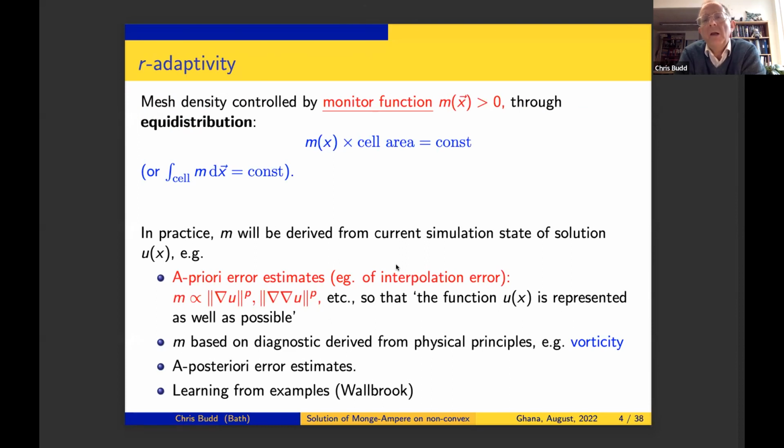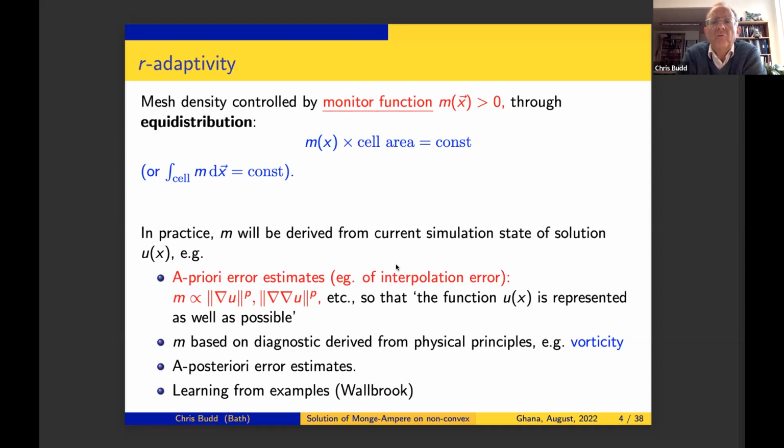So if there's going to be a large solution error, m could be a monitor of the solution error. And you simply arrange so that the monitor function times the cell area is constant. And that means that if the monitor function is large, then the cell area must be small. And equivalently, if the monitor function is small, then the cell area is large. And that's the basic idea.